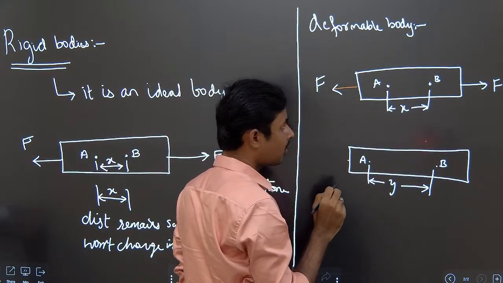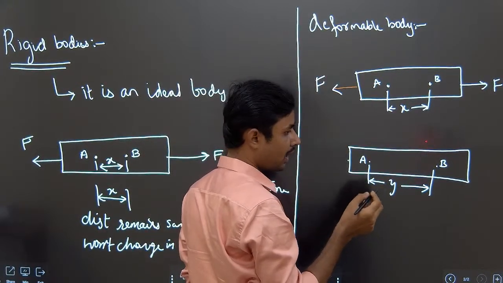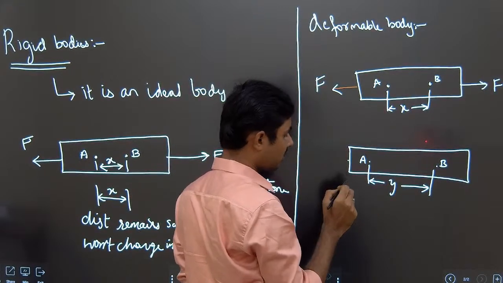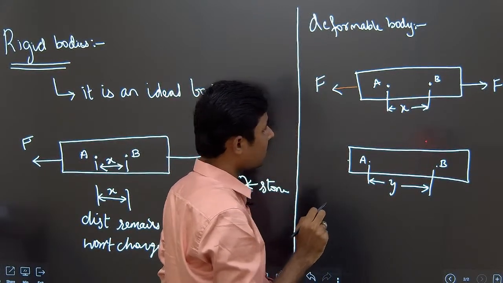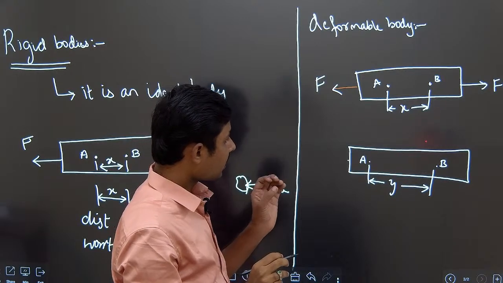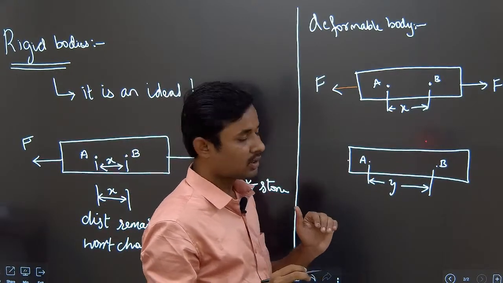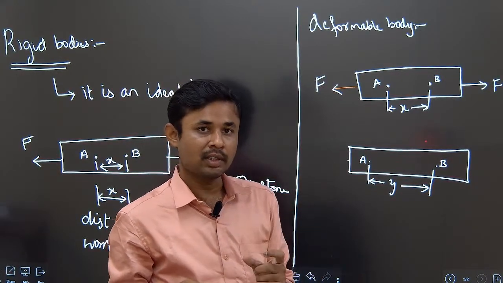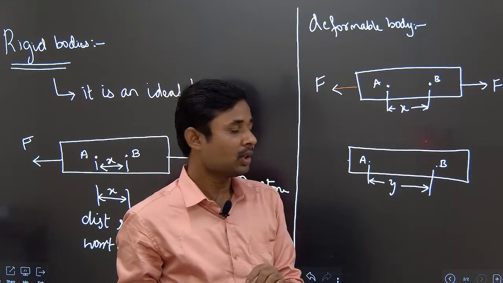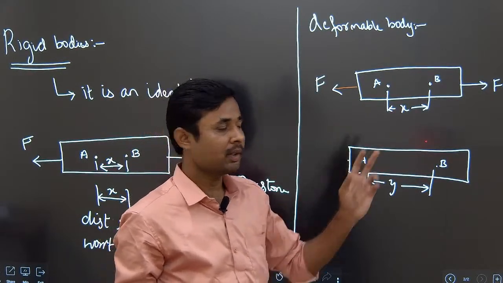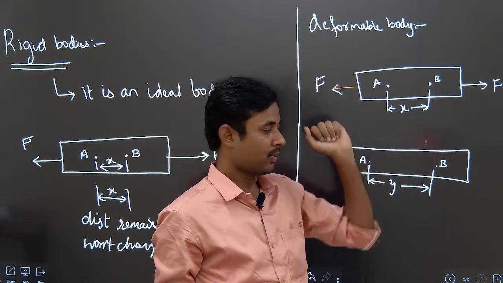It means the body got deformed, its dimensions are changed. That's why, when the dimensions and the shape of the body change when subjected to force, those types of bodies are said to be deformable bodies.